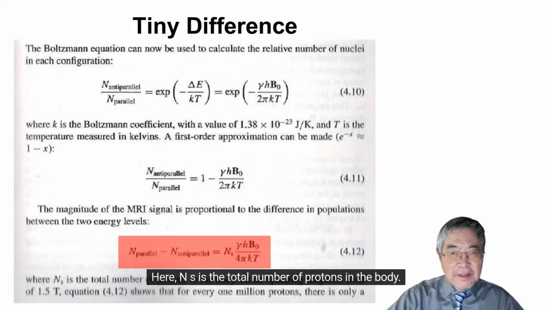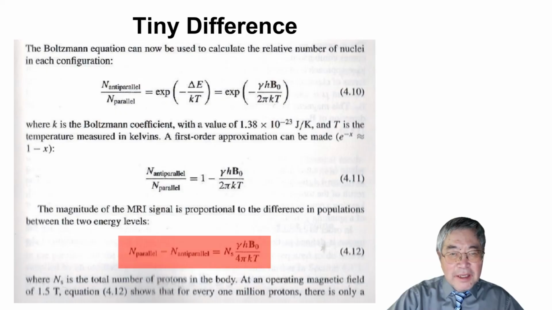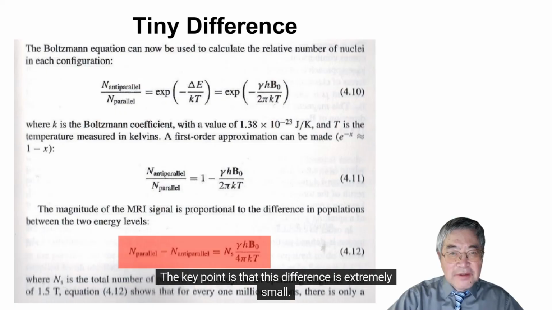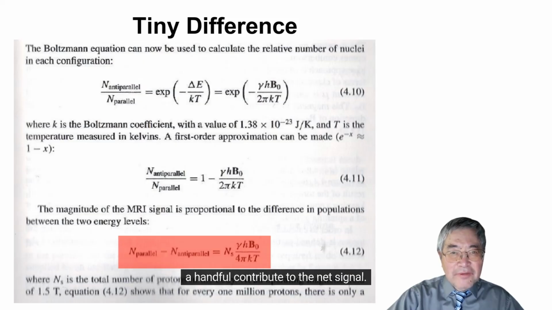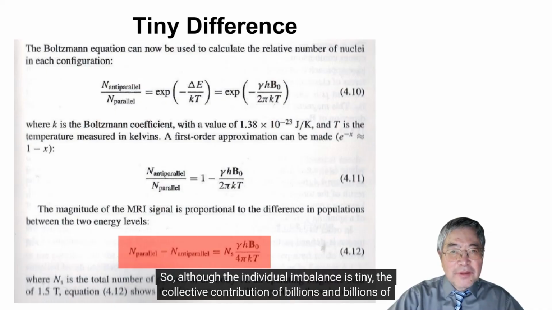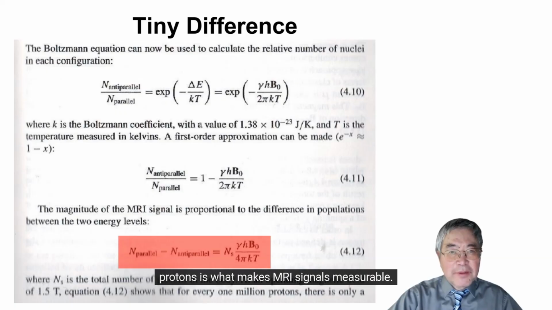Here Ns is the total number of protons in the body. The key point is that this difference is extremely small. For example, at a magnetic field strength of 1.5 Tesla, out of about 1 million protons, only a handful contribute to the net signal. So although the individual imbalance is tiny, the collective contribution of billions and billions of protons is what makes MRI signals measurable.